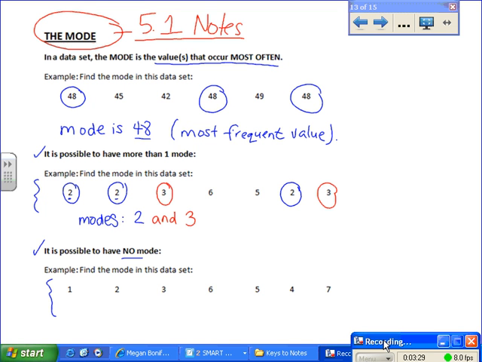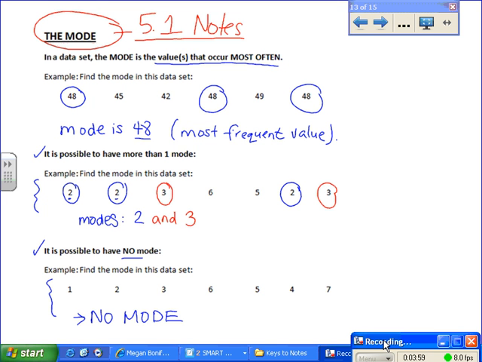They're all different values, so there is no value occurring more than once, and so there's no mode. A mode is just a way of identifying the most frequent value. We can have a situation where there's no mode, a couple or maybe many modes, or just one mode, if only one value is occurring multiple times.